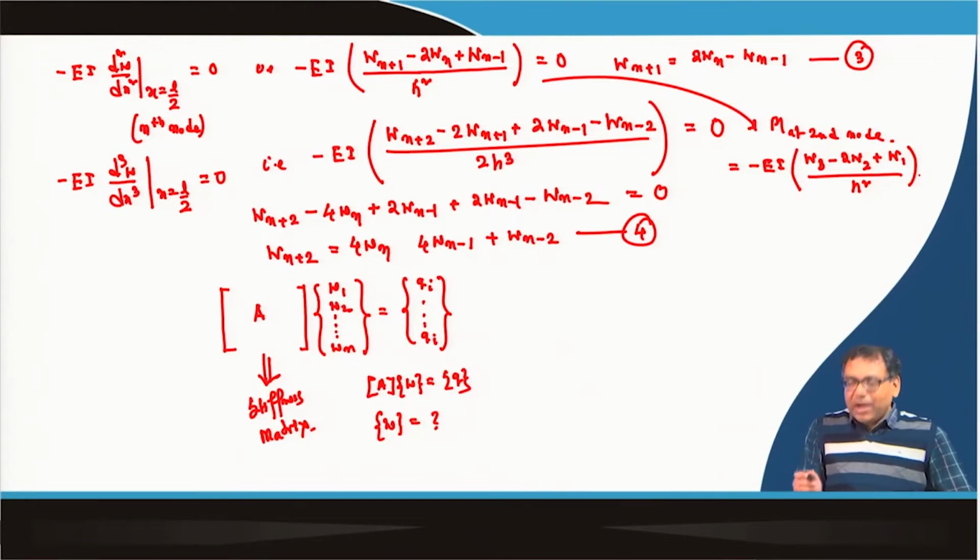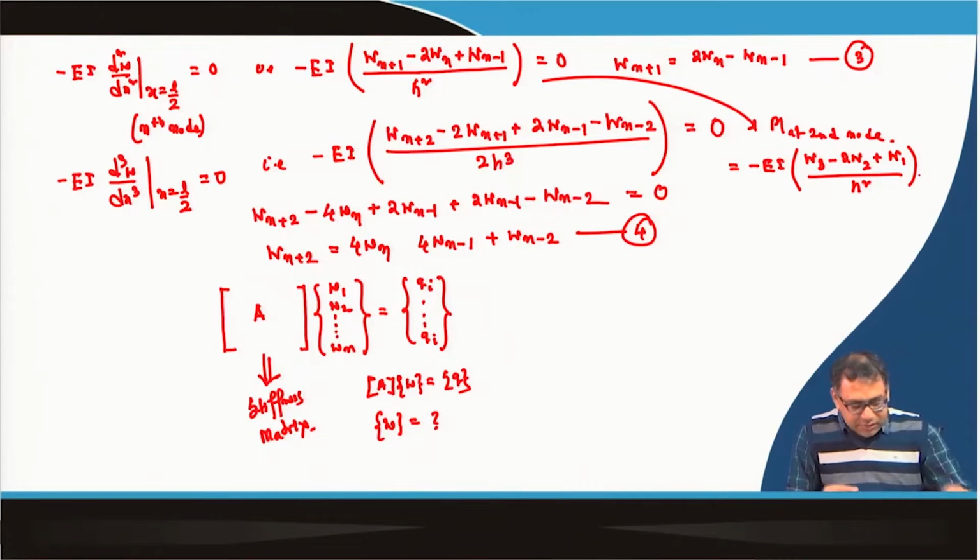Clear? Now there is one question: how will you decide the h square value? First you take one particular value of h, or you can divide the beam into, say, 20 divisions, and then you get the h value and the deformation of all the points.